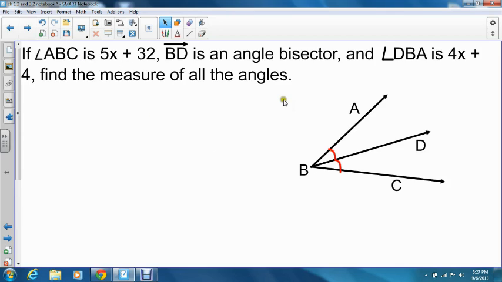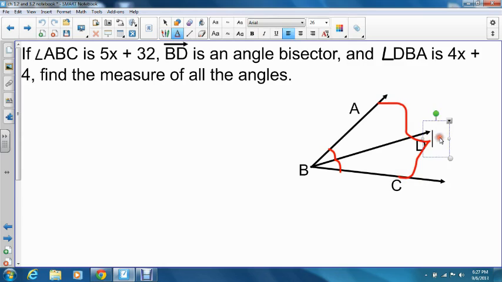All right, so it gave me some angle values, so I'll go ahead and plug those in. It tells me that angle ABC, so my entire angle here, is 5x plus 32. That's my entire angle there. And then it tells me that angle DBA, so this small angle right here, is 4x plus 4. Okay, so that's what angle DBA is.